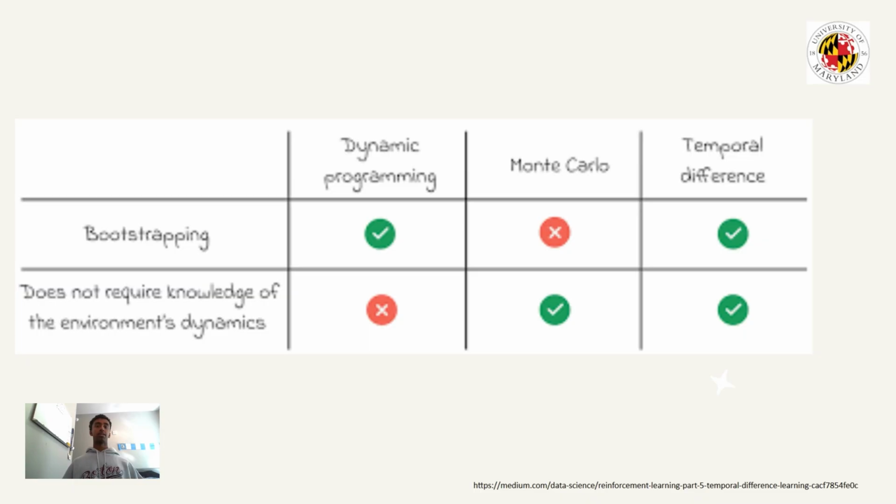In dynamic programming, we do bootstrapping, but we do require full knowledge of the environment dynamics to do so. In Monte Carlo, we cannot bootstrap, but we don't need full environment knowledge. And in temporal difference strategies, we combine the best of both worlds, where we bootstrap and we do not need to know all of the environment's dynamics.